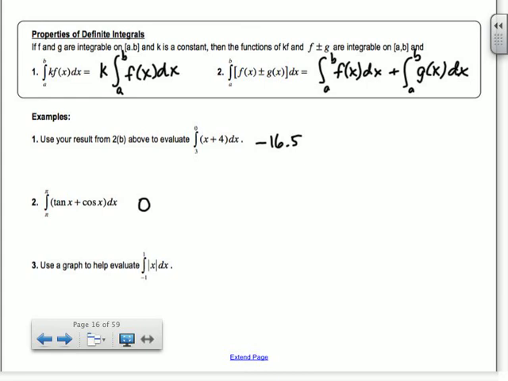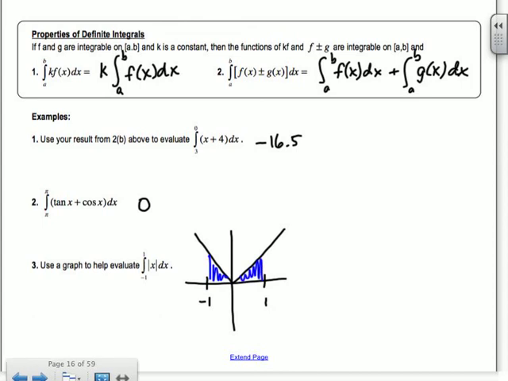The absolute value of x looks like this. We're going from -1 to 1. So we're finding the area of these two triangles. They're actually the same area. So that's basically like saying you have 2 of the integral from 0 to 1 of x dx if you really want to. If you want to leave the absolute value, that's fine.